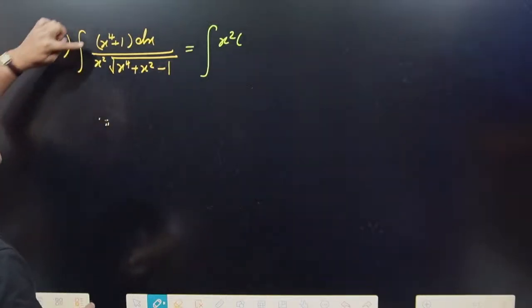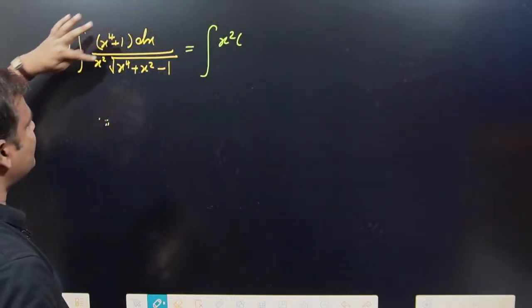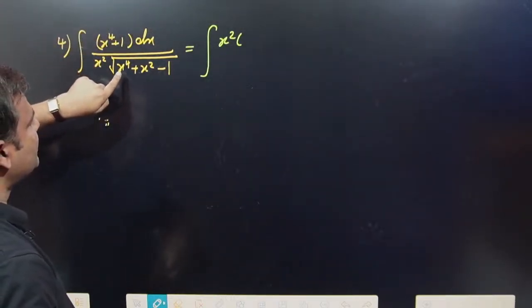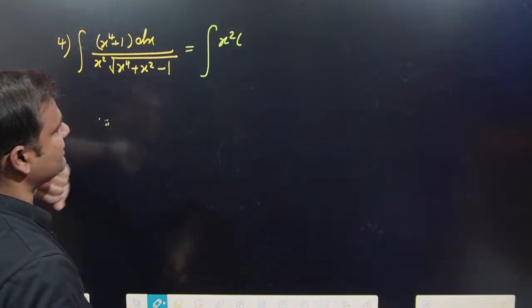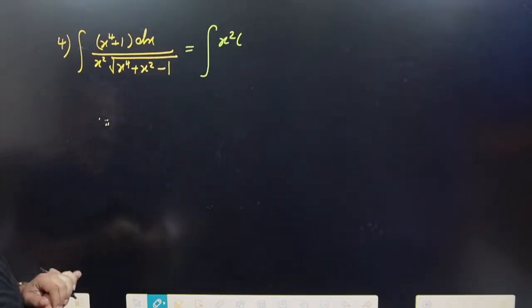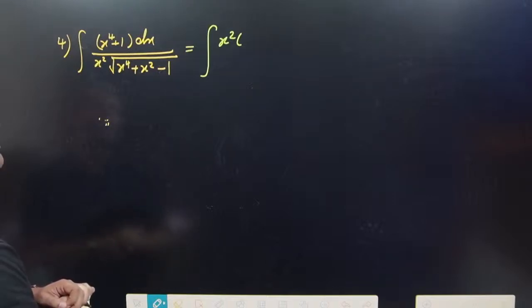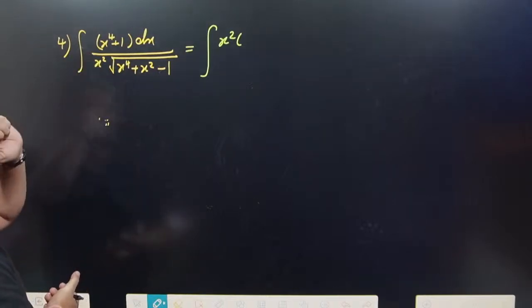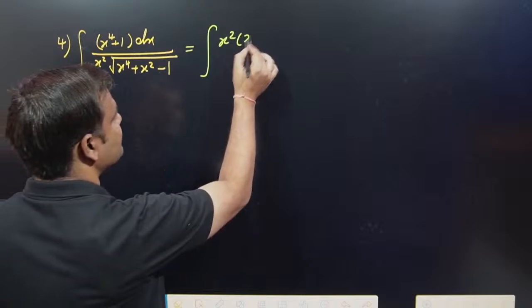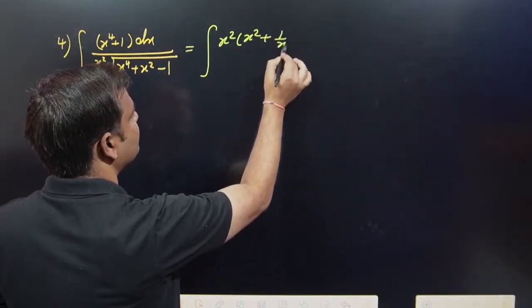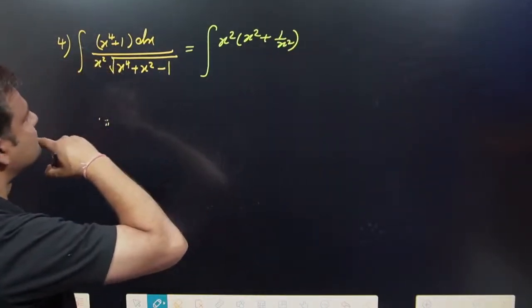Okay, look here, x to power 4 plus 1 dx divided by x square into x to power 4 plus x square minus 1. Okay, if here x square is common, then we get x square plus 1 by x square dx.